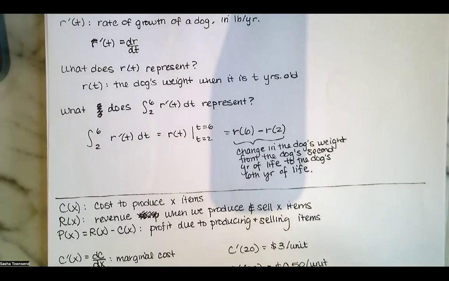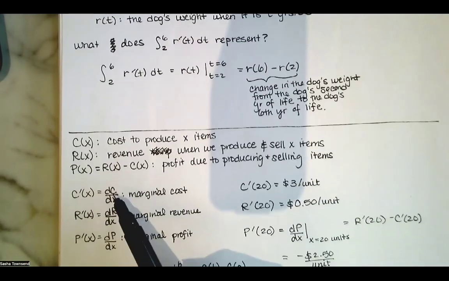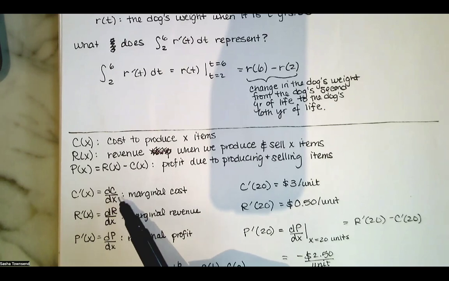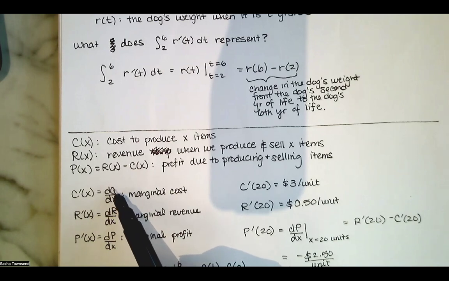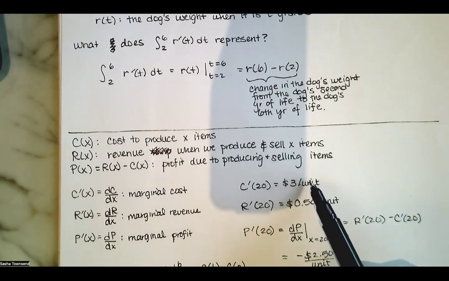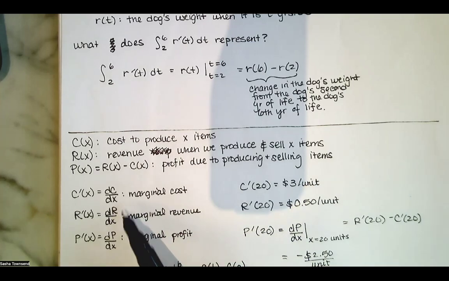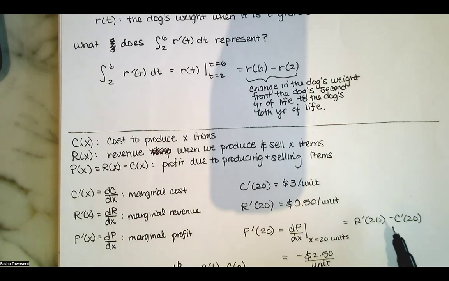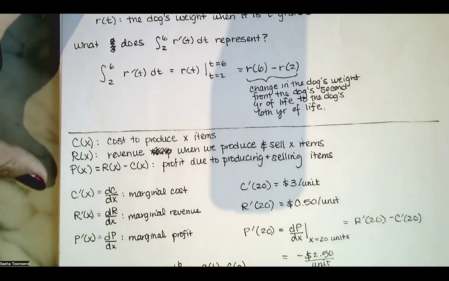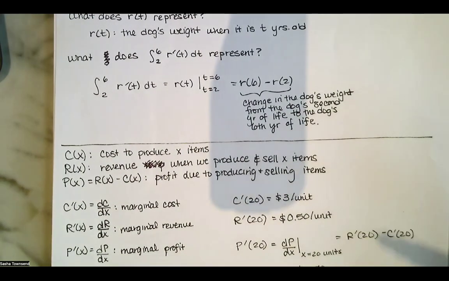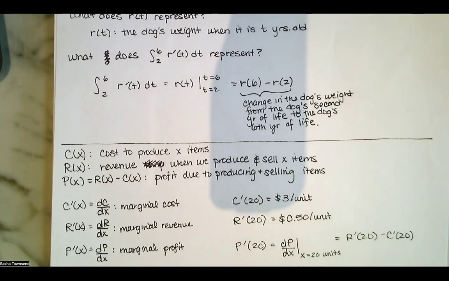When I see this C prime, that's dC/dx, I know that I'm talking about some change in the cost per unit. So that's going to be some number of dollars per unit. Marginal revenue and profit are the same, some number of dollars per unit, or some number of cents per unit, or whatever the denomination of the money is in that particular location.